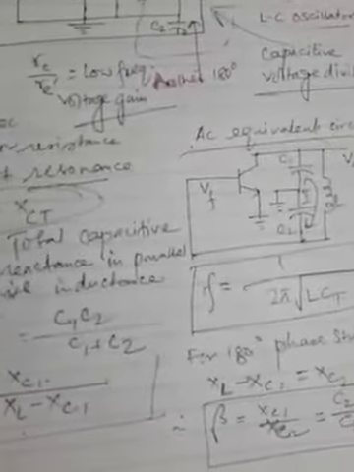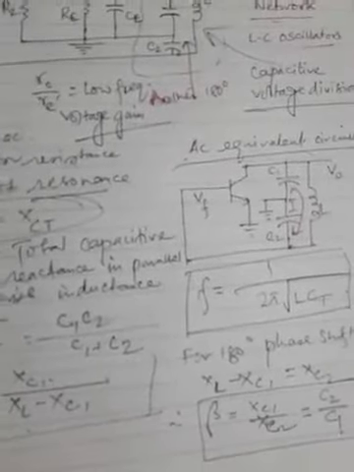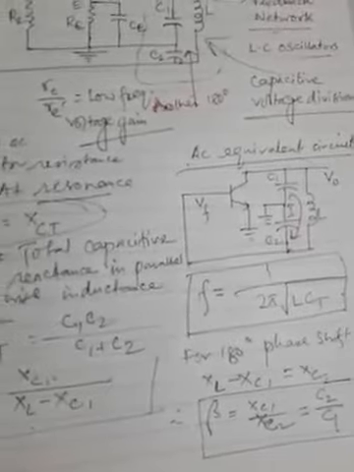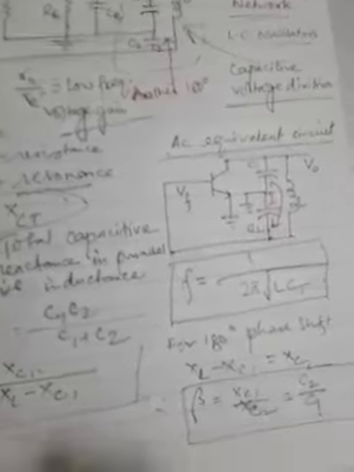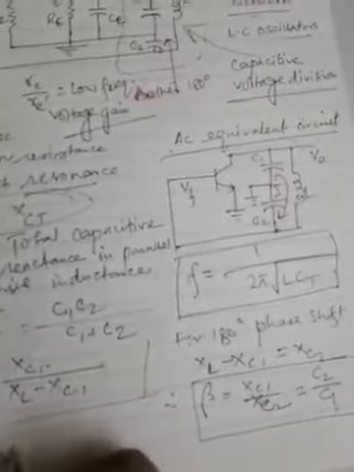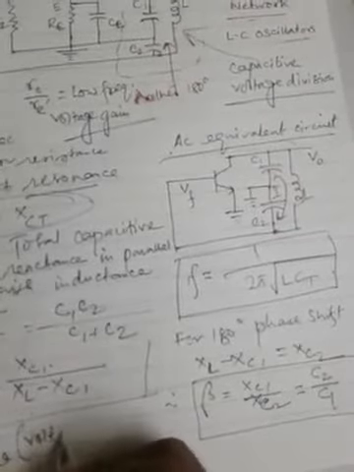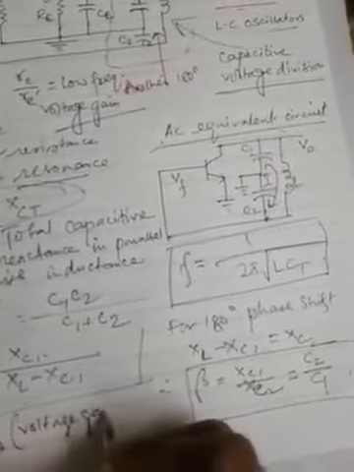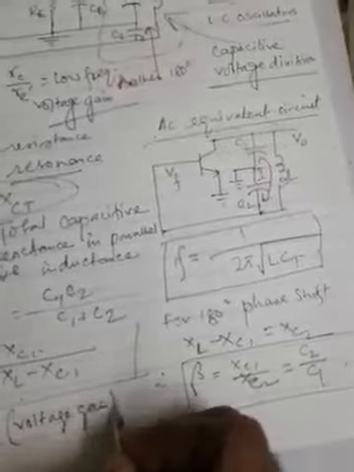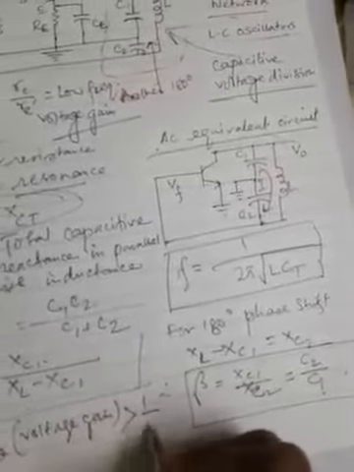As in other oscillator circuits, the loop gain must be greater than unity to ensure sustained oscillation. So in this case also we need the voltage gain AV to be greater than 1 by beta. Beta is C2 by C1, so AV should be greater than C1 by C2, as this is 1 by beta.